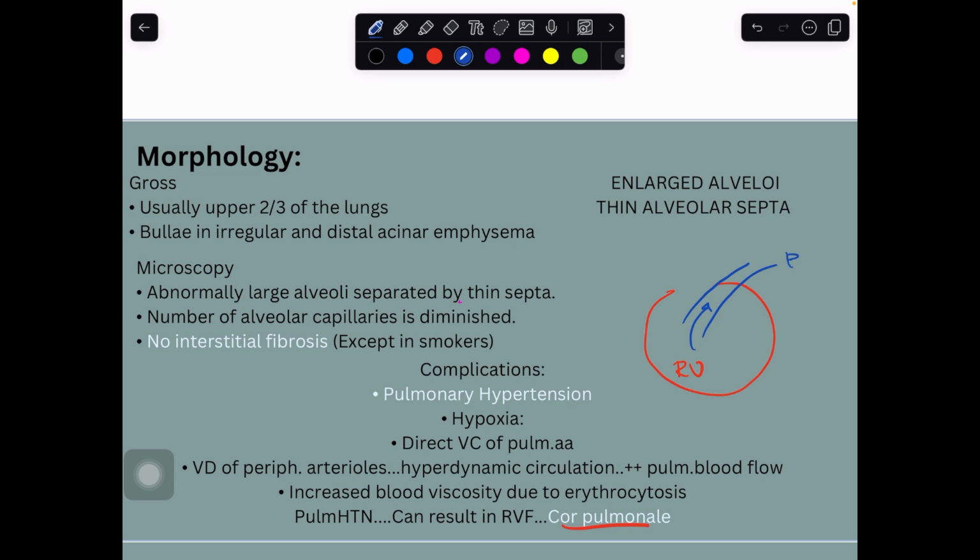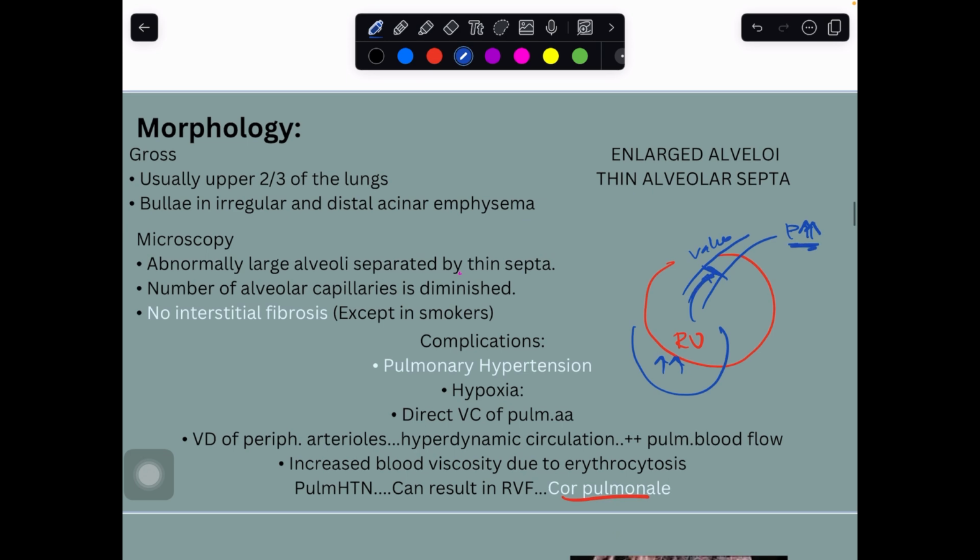If I have pulmonary hypertension, if my blood pressure is really high in the pulmonary trunk, the right ventricle won't be able to push past the valve, right? But the valve opens if the blood pressure in the ventricle is much higher. So the right ventricle will try to increase its own pressure by hypertrophying, and this is what causes right-sided heart failure, because it's trying to push over this pulmonary hypertension.